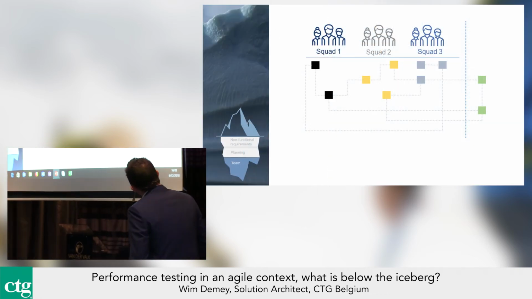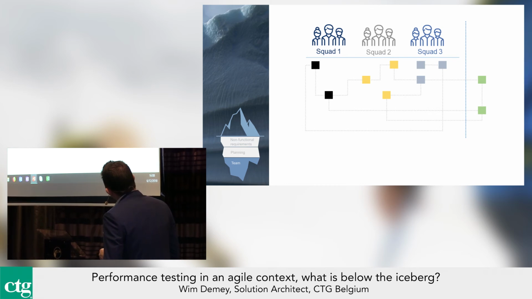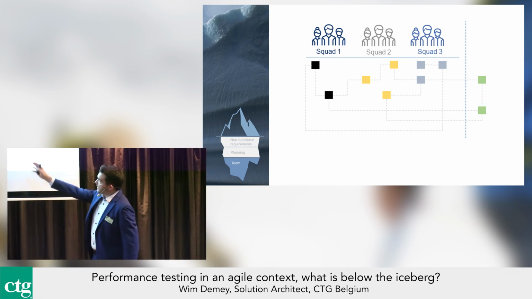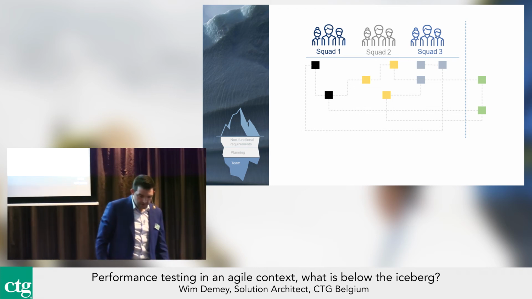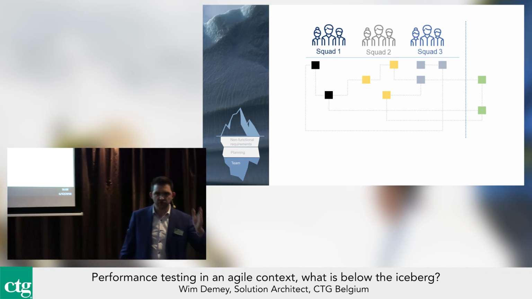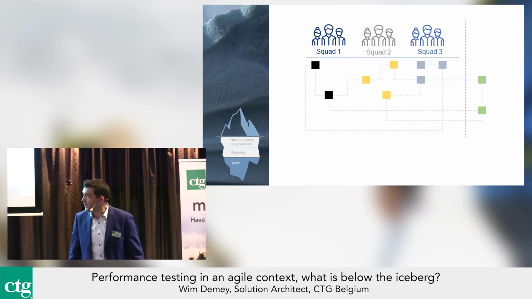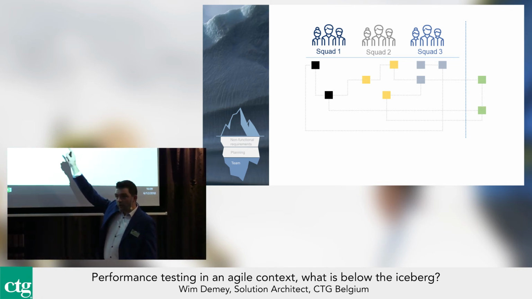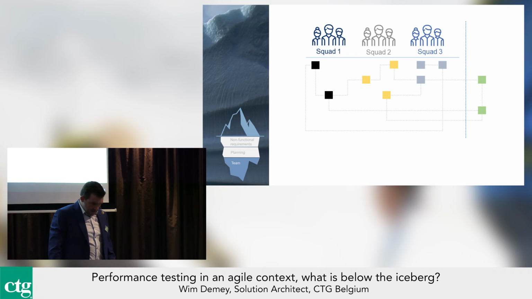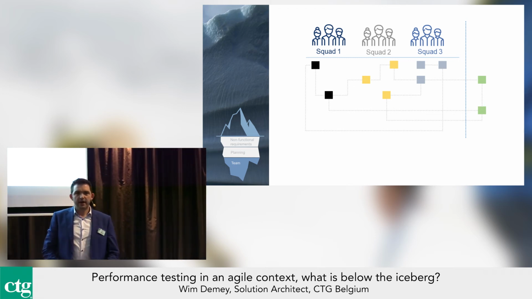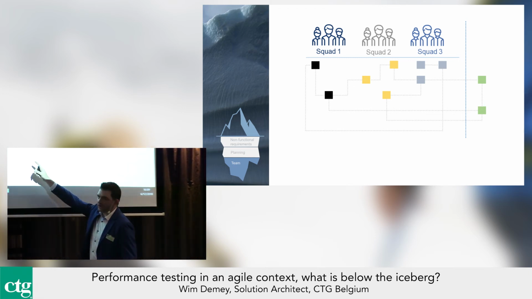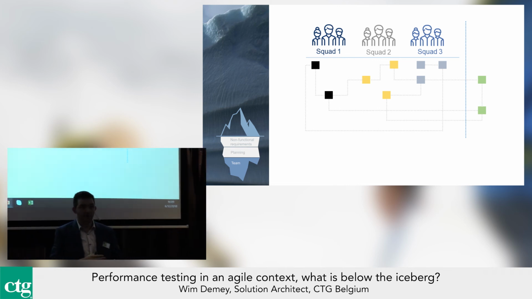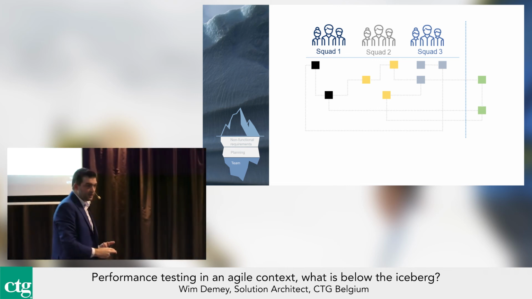Let's first take a look at scoping. And why scoping? Let's take Squad 2. Squad 2 in upcoming sprint, we start next Monday for 2 weeks. They plan to do a performance test on their components in scope, so the yellow blocks. And suddenly they see, I have a connection with another component, typically firewall, Active Directory.